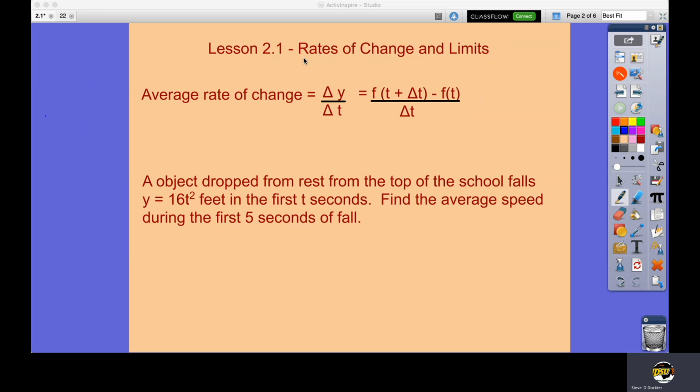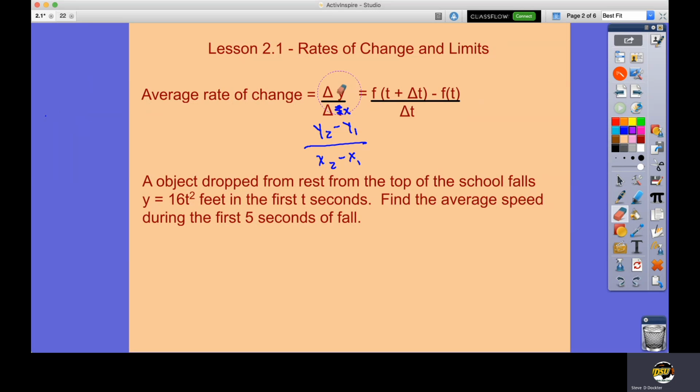Average rate of change. This change in y, if I change this t to an x, isn't this y2 minus y1 over x2 minus x1? All right. Y is your distance. T, or x, is your time.